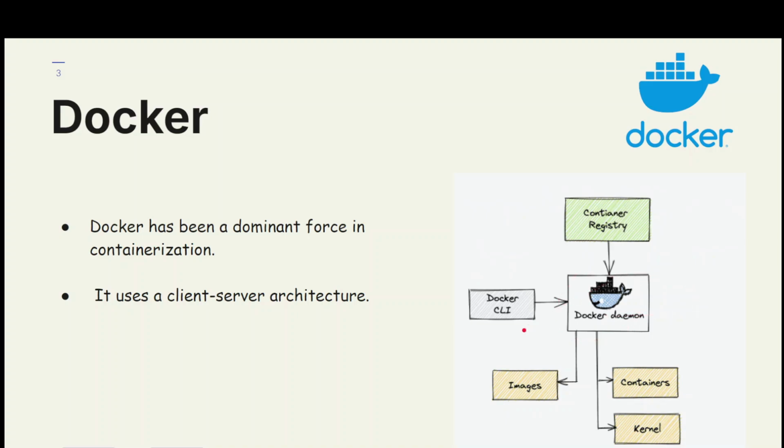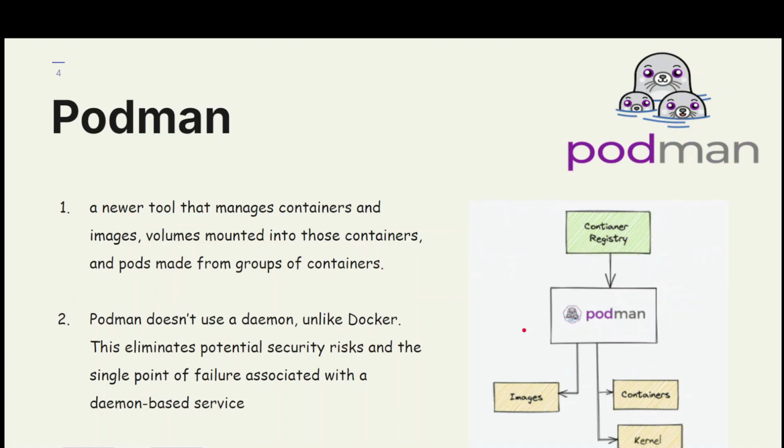Now let's see about Podman. Podman is a newer tool in the market. It also does the same operations which Docker does, like pulling images, creating and mounting volumes, creating images and building images. All those operations Podman also does. But it works on a different type of architecture.